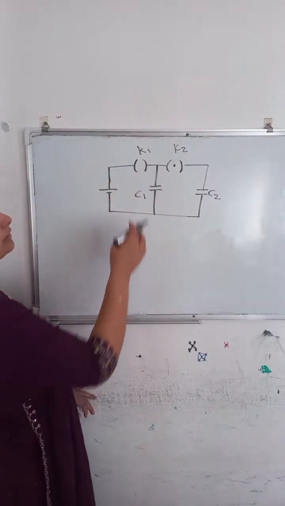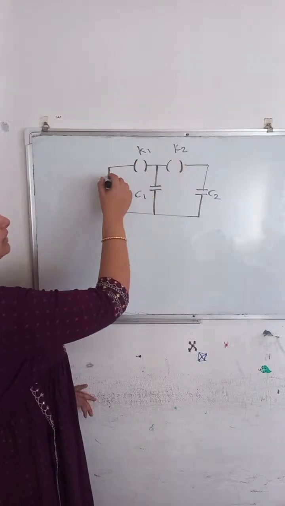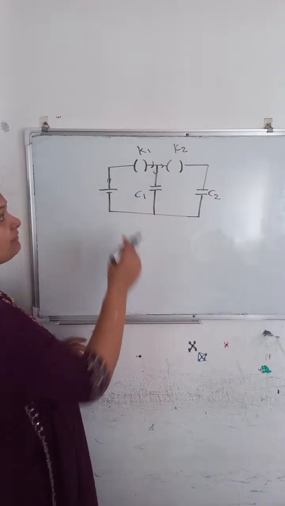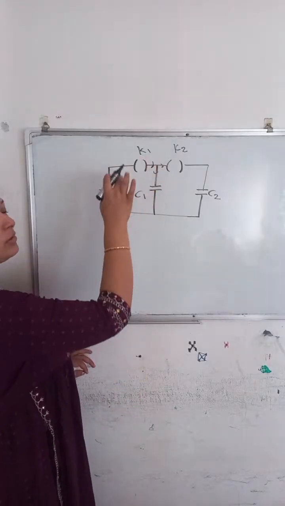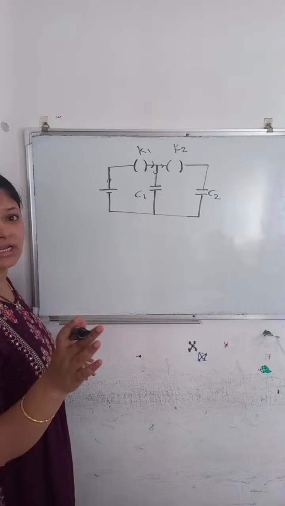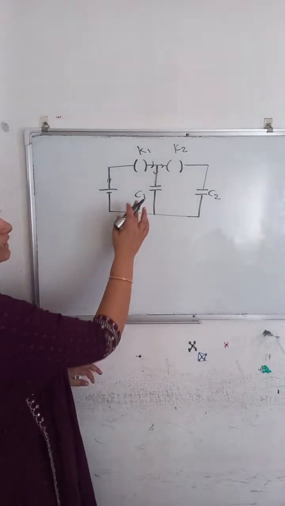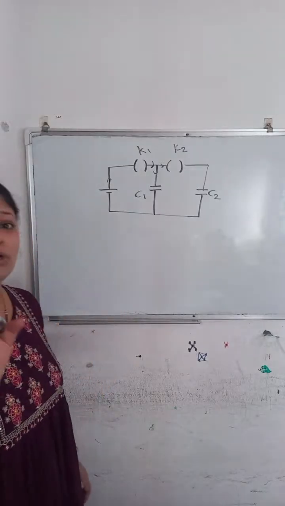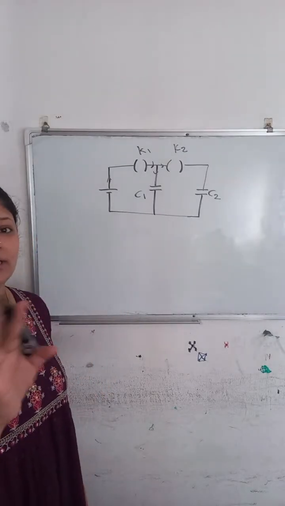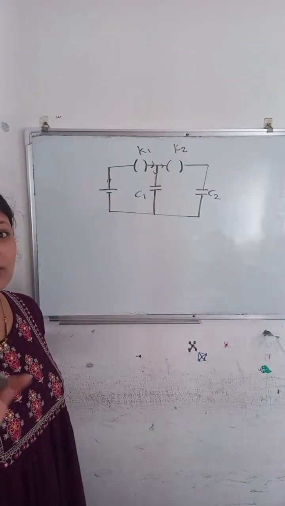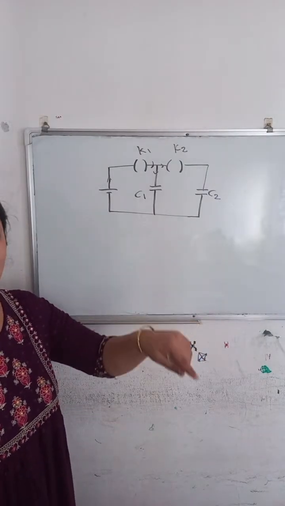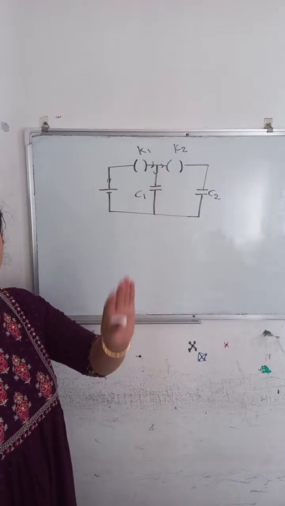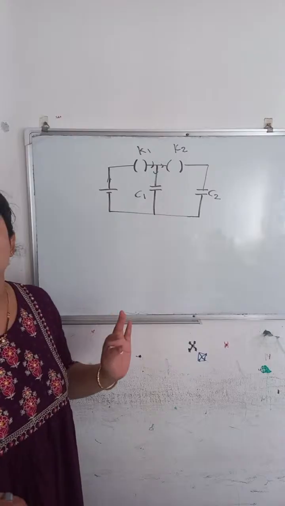So in both the cases anyhow current is flowing, but current is getting divided. If I close this key, current is going to divide. So here the charges are not same, because anyhow these two capacitors are connected in parallel. That means their voltages are same, but their charges, that means currents, are not same, and current includes charge. We know that I is equal to Q by t, so Q will not remain same, only voltage will remain same.